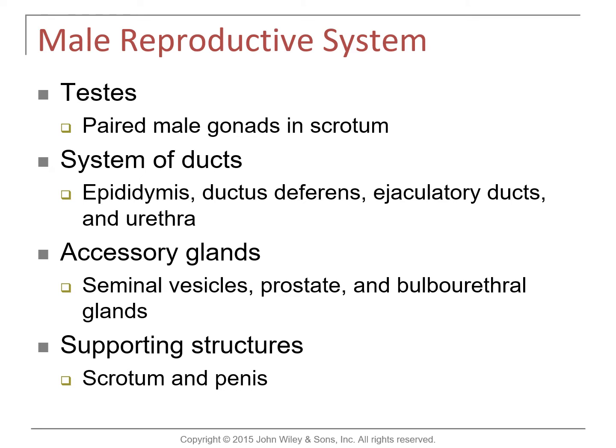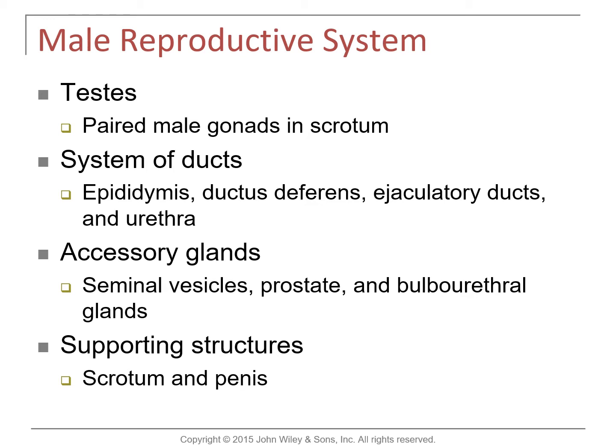The system of ducts that extend from the testes and help to transport the sperm produced in the testes include the epididymis, the ductus deferens, also called the vas deferens, then the paired ejaculatory ducts, and the single urethra.